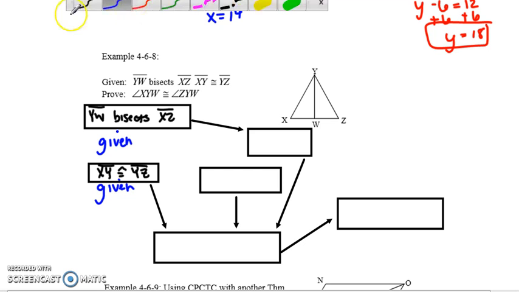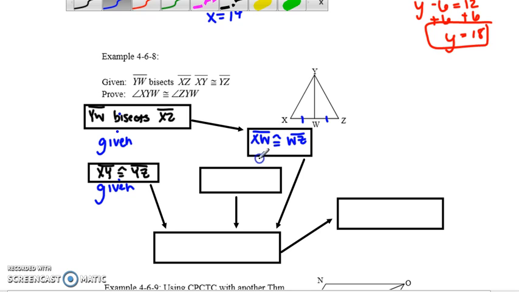All right, so here's my givens, and we're going to then go from bisecting to defining that, right? So if YW bisects the segment XZ, it's going to turn this congruent to this. So that's going to be XW is congruent to WZ.